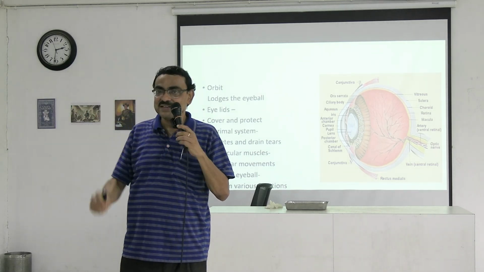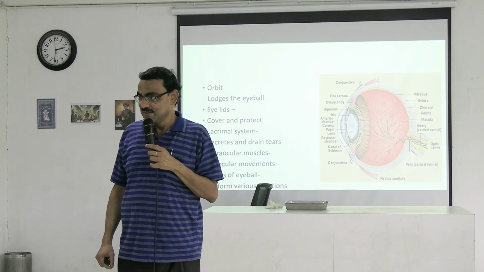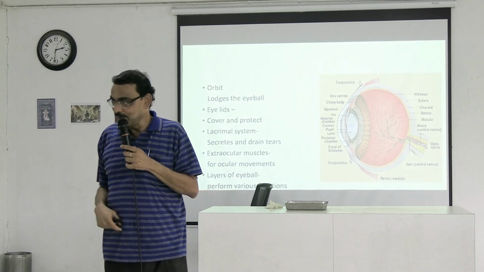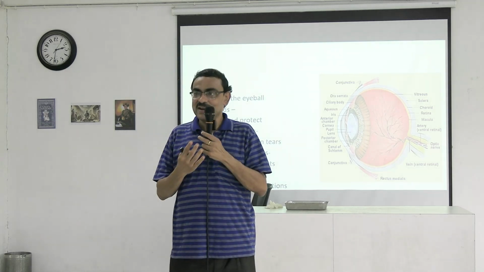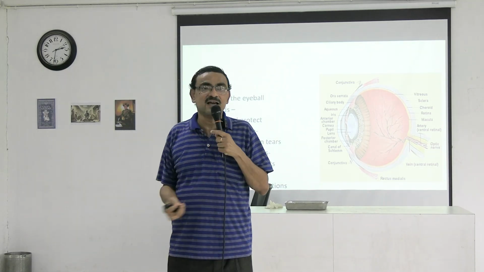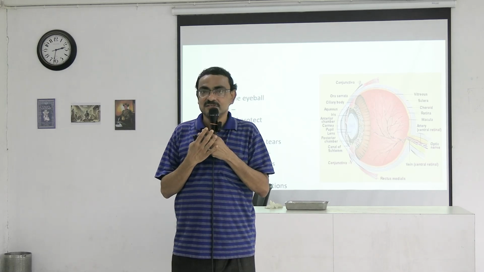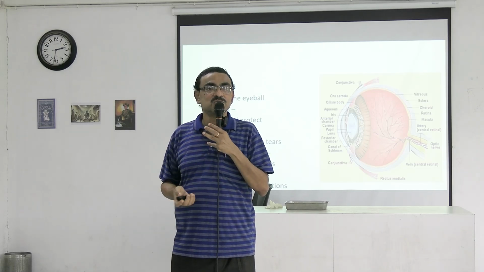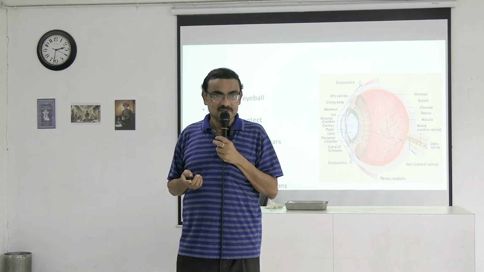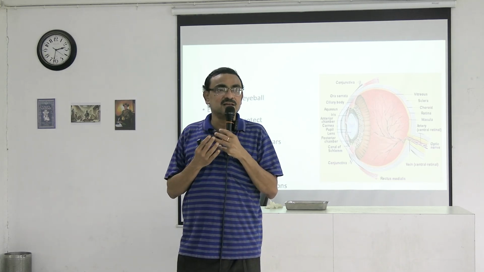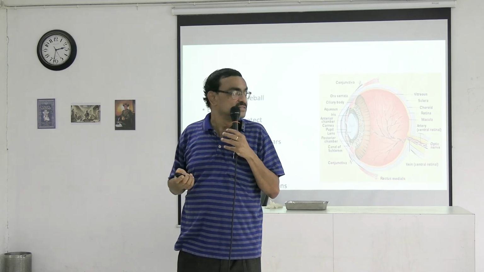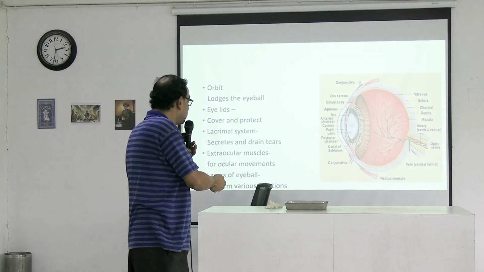The sieve-like structure is cribrosa. Cribri, from the plate of the ethmoid, we find so many openings. So lamina cribrosa, as it is present in the sclera, lamina cribrosa scleri. If we know the meaning, then we can remember the term. So it is called lamina cribrosa scleri, and that is the weakest point.